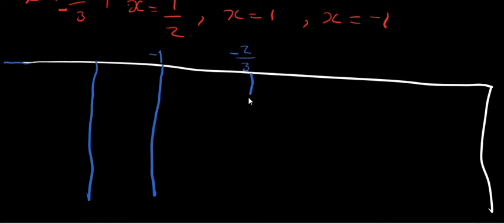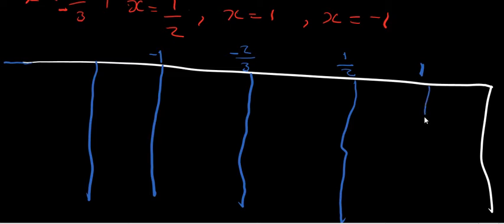So -2/3 will be there, followed by half. So half is going to be somewhere there. Then the last one will be 1. So these are my critical points.